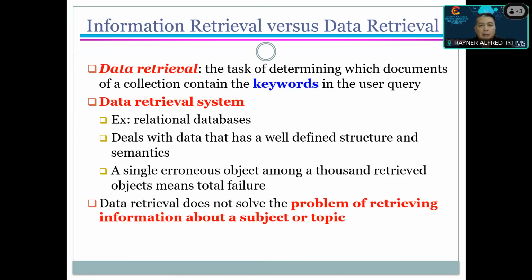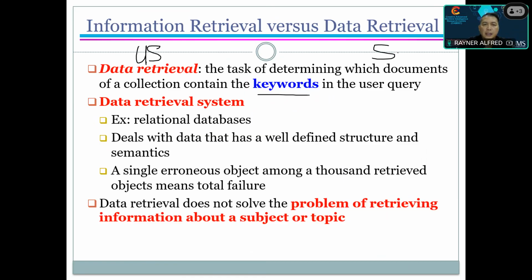So when you want to compare with the database, this one is unstructured data, and this is structured. Structured means the data are stored in the database. Okay, so in data retrieval, the task is determining which documents of a collection contain a keyword.